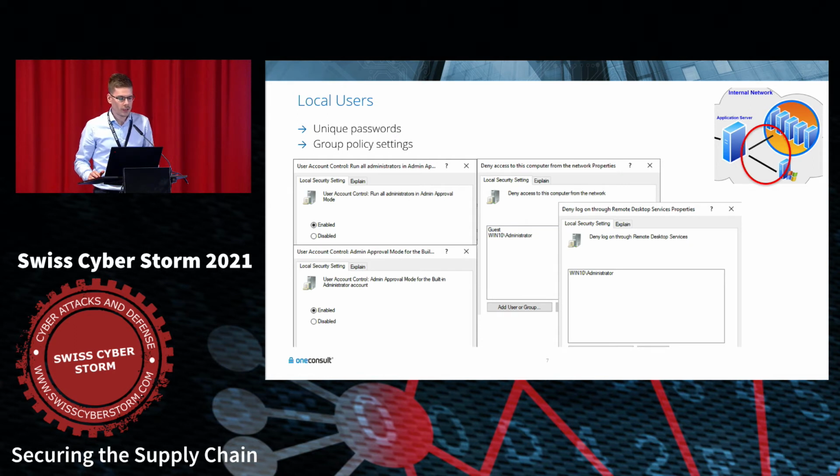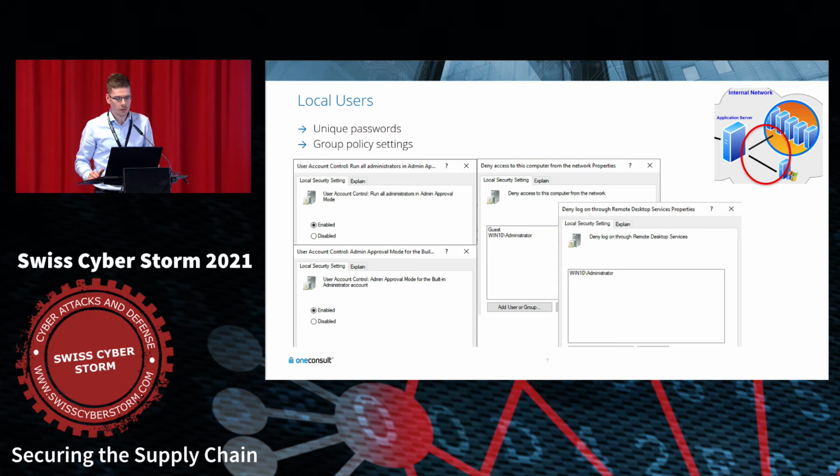You can enable them for all local administrative users as well as also for the built-in administrative user. This ensures that an administrative user, a local user with administrative permissions, is not able to run any administrative command over the network on the server.